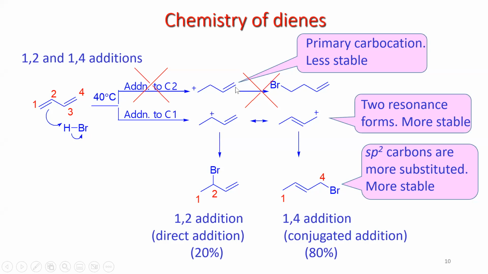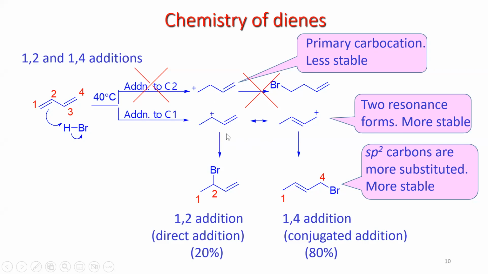So that reaction does not take place because through this mechanism, you are going to get a primary carbocation which is unstable, less stable when you compare with the other one. Whereas in the second one, when the addition is at C1, it is a secondary carbocation, right? The secondary carbocation has two resonance structures, which show resonance stabilization and are more stable.